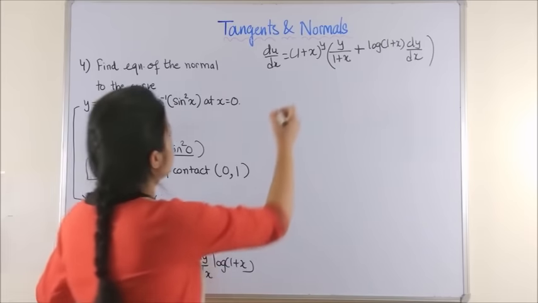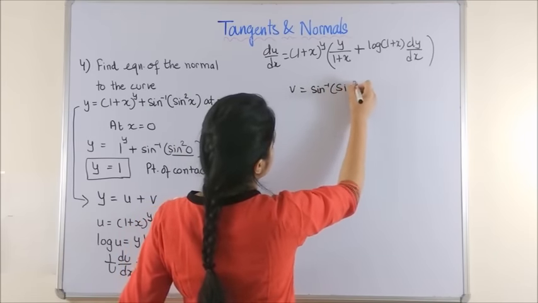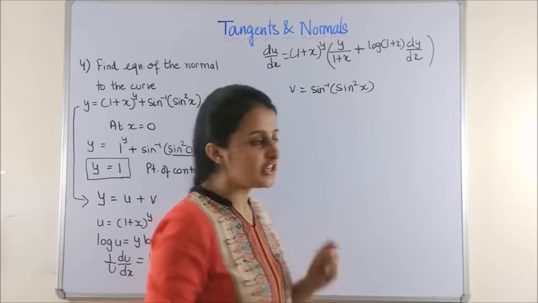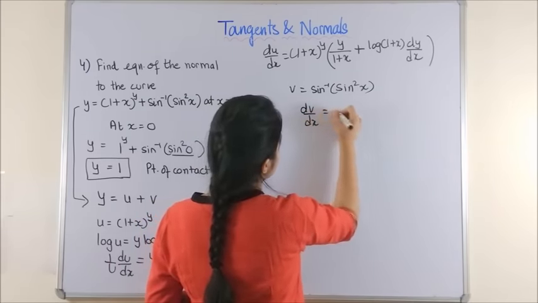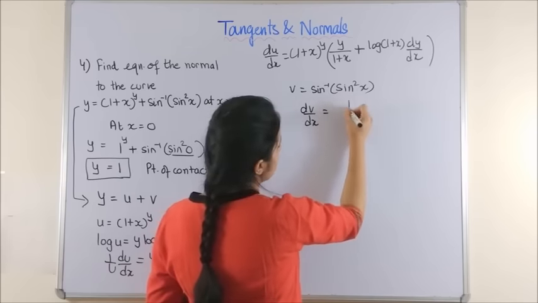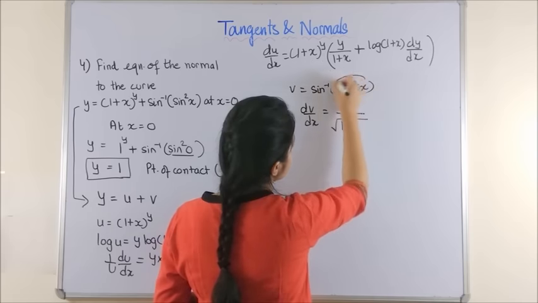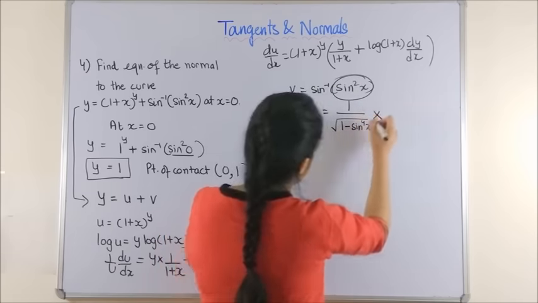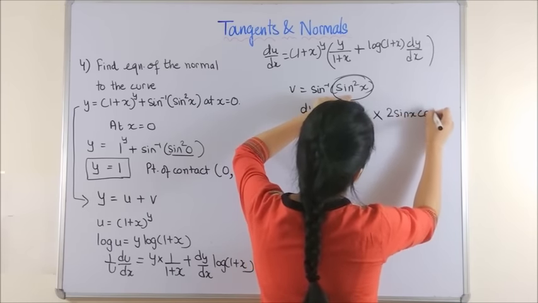Now for v, which happens to be sine inverse of sine square x, this is direct differentiation making use of your chain rule. So dv by dx simply becomes, the derivative of sine inverse of some value would be 1 upon under root of 1 minus x square. So this becomes sine raised to power 4x into the derivative of sine square x, which gives us 2 sine x into cos x.